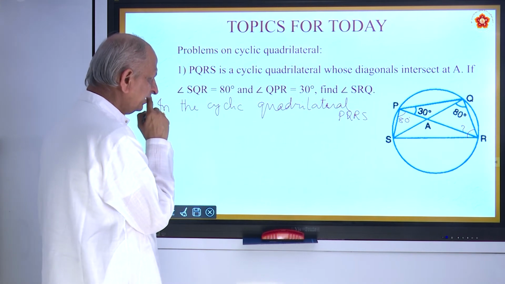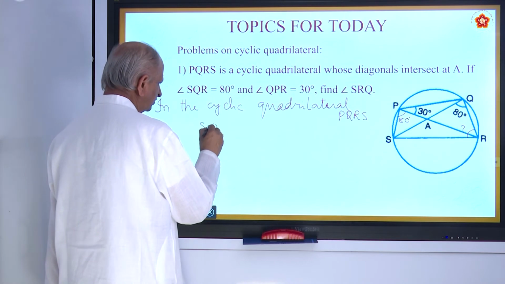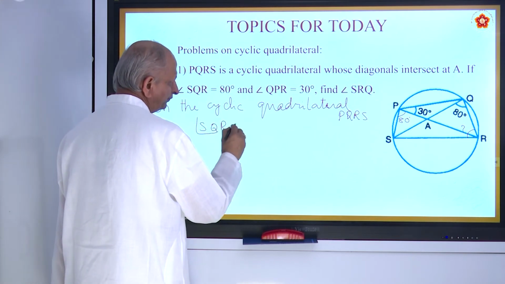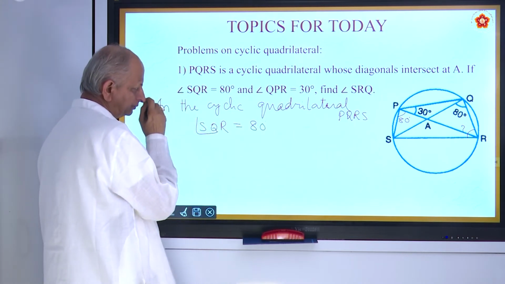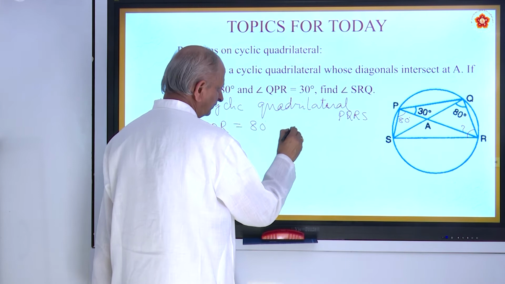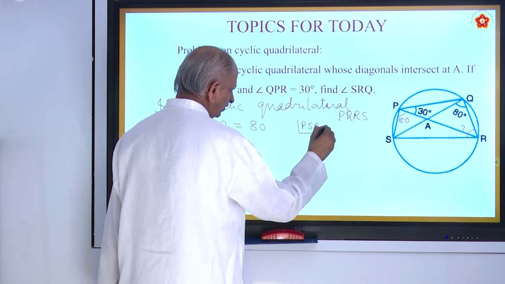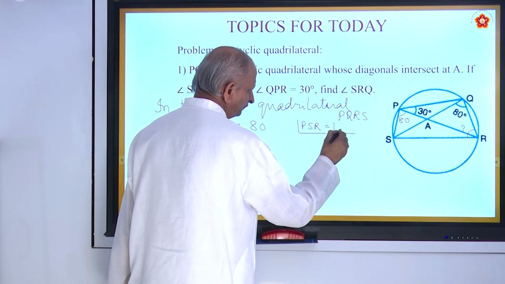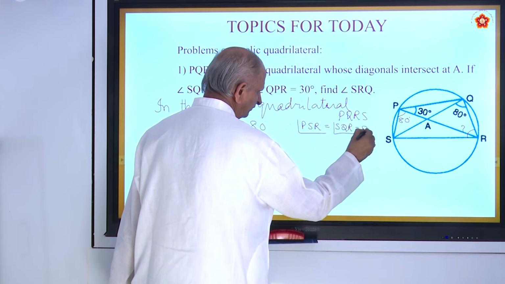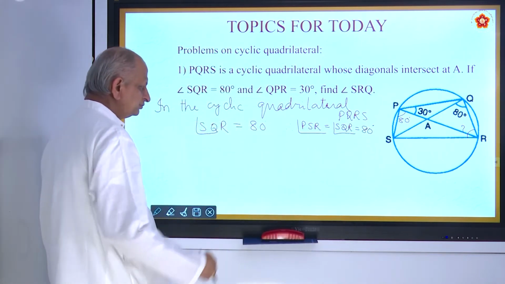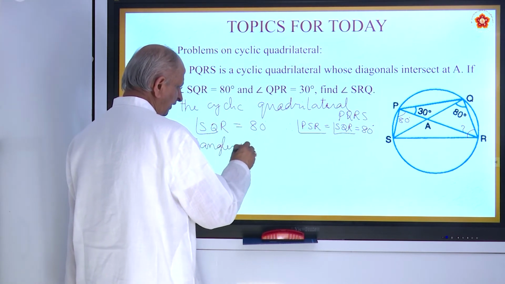So the two angles, namely angle SQR, is given to be 80 degrees. Therefore, you can write angle PSR also is equal to angle SQR is equal to 80 degrees. Why is it so? Angles in the same segment.